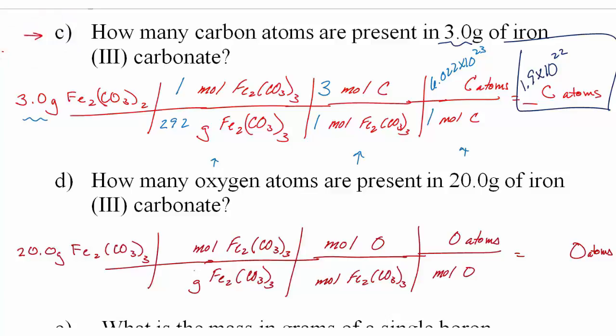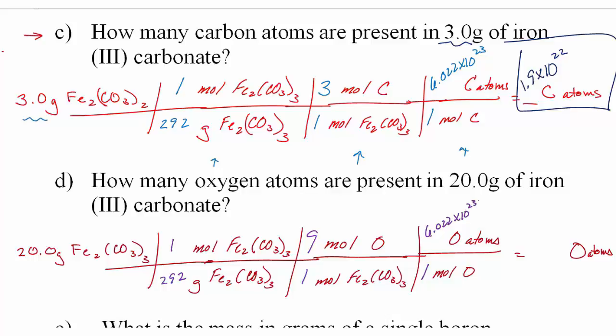So if I want to put in numbers here, I have the molar mass is 292 grams in a mole of iron 3 carbonate. In 1 mole of iron 3 carbonate, in 1 unit, I've got 9 oxygens. In 1 mole of anything, I have 6.022 times 10 to the 23rd.